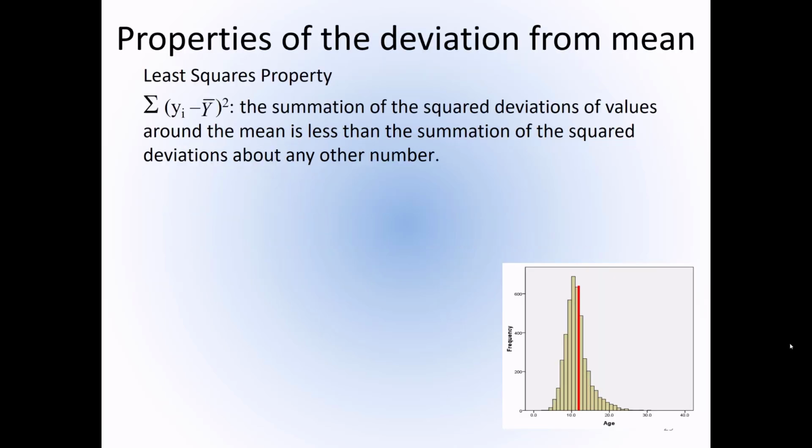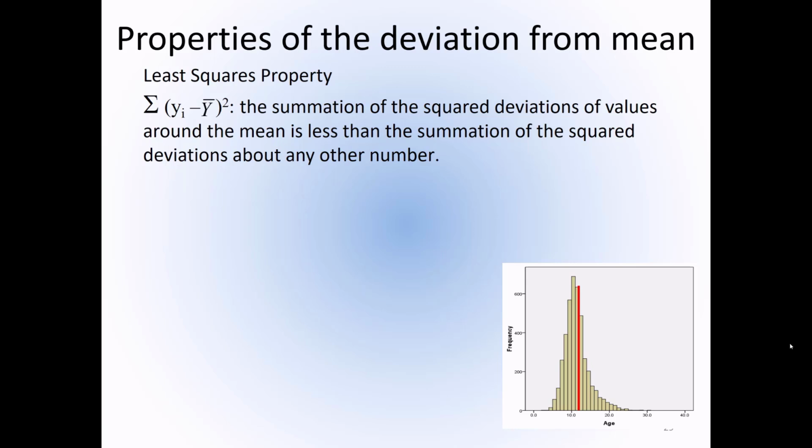Now, all of these measures of dispersion that are going to be most useful and use all of our data are based on this principle of the least squares property. And so when we're thinking about deviations of our data from the mean, we're using the mean for a particular reason.